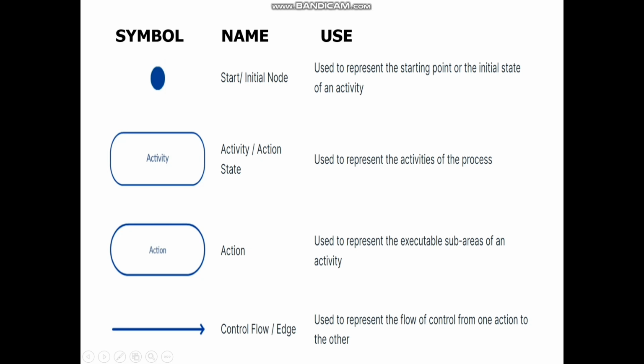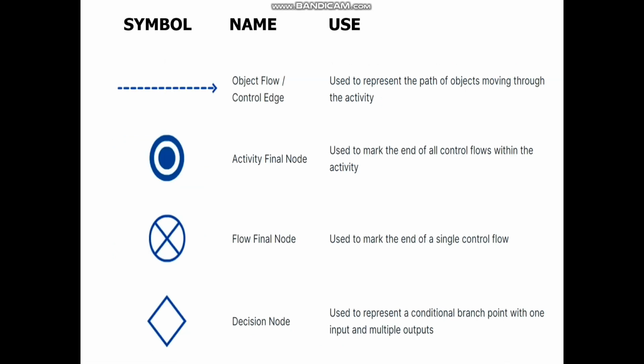Third is action, which is used to represent the executable sub areas of an activity. Fourth is control flow. This is represented by this arrow, which is used to represent the flow of control from one action to another. Then this symbol is object flow, which is used to represent the path of moving through the activity. This symbol represents the final node. This symbol represents flow final node, which is used to end the signal of control flow.